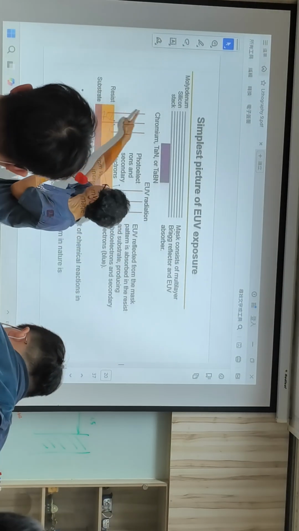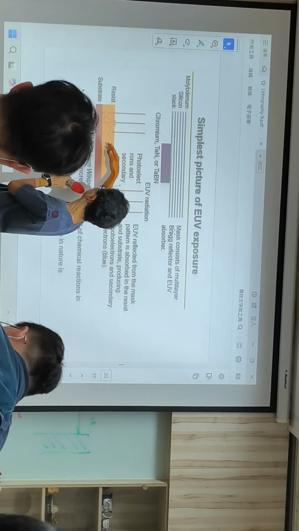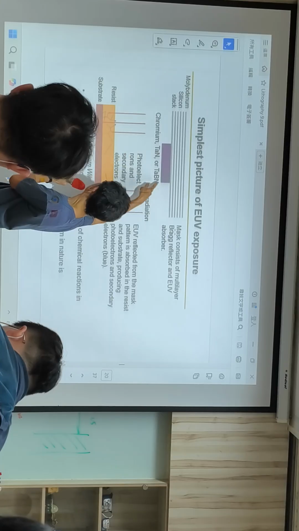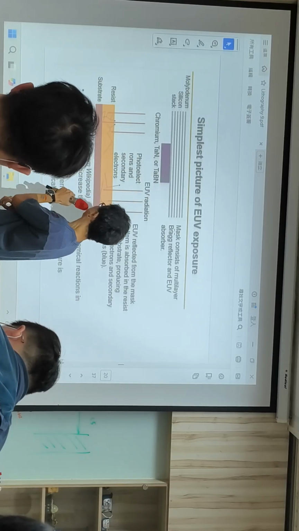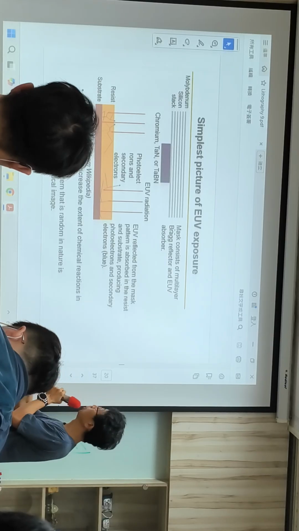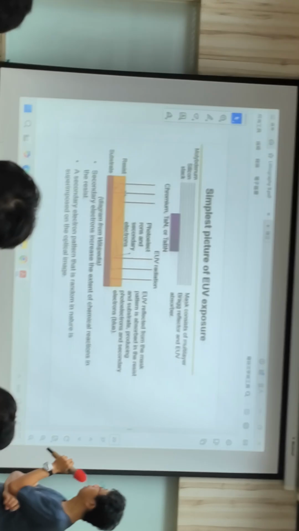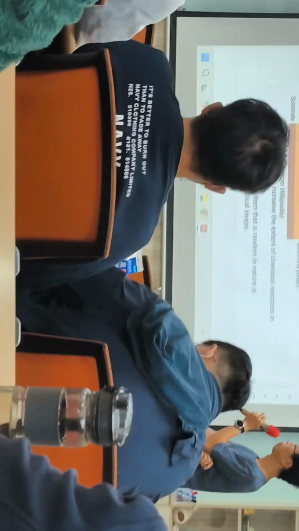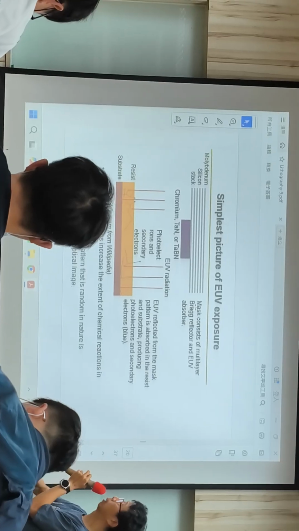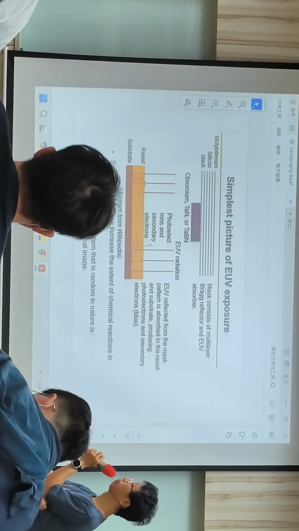And here they will not have the light coming. So the light comes here and here. Here is what we call the absorber. Okay. So EUV reflects from the mask and then is absorbed by the photoresist and substrate. And that's how the pattern is formed.